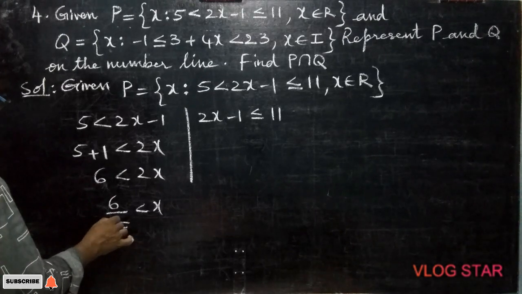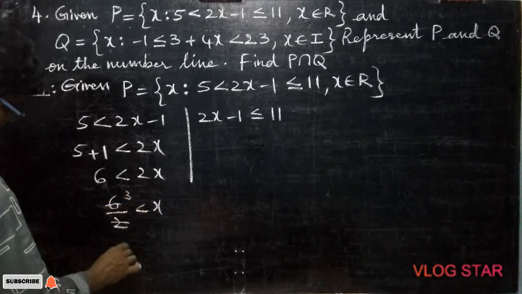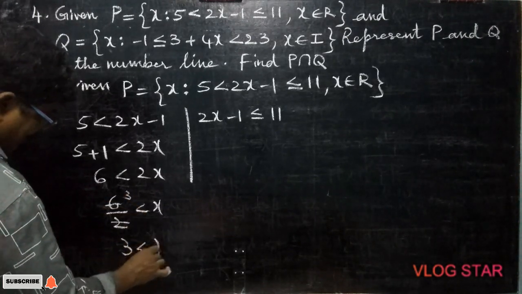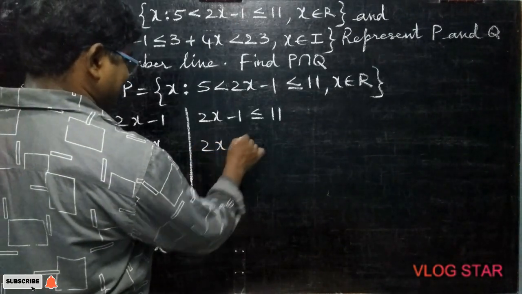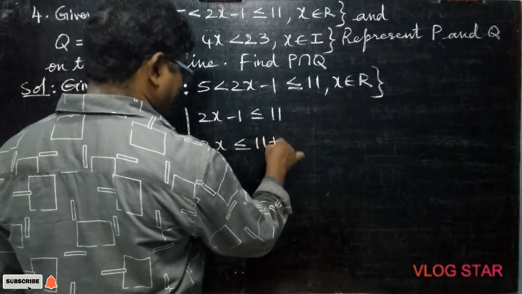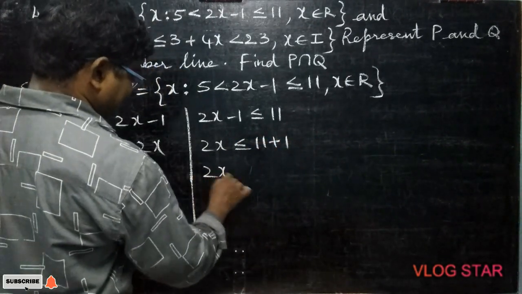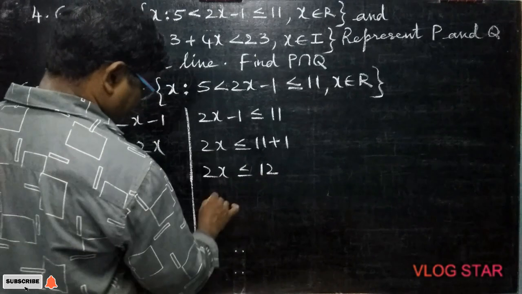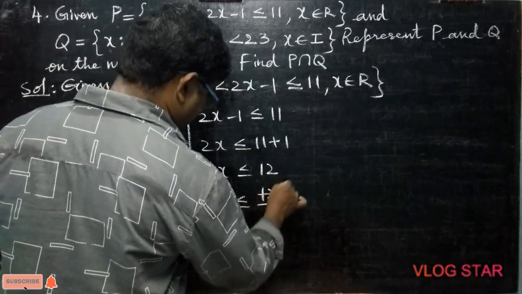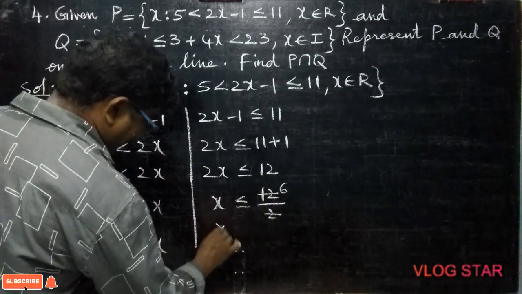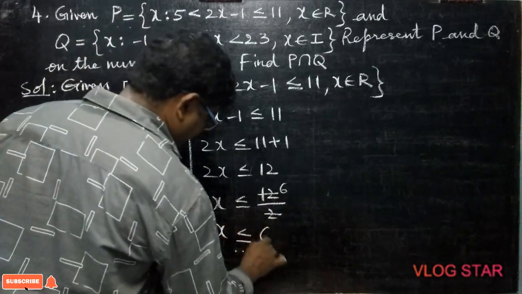This 2 goes in 6 3 times. 3 less than x. Coming to here, 2x less than or equal to 11 plus 1, 2x less than or equal to 12, x less than or equal to 12 by 2, 2 goes in 12 6 times, x less than or equal to 6.